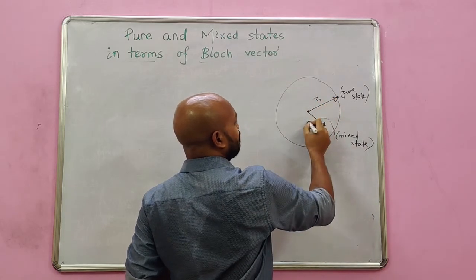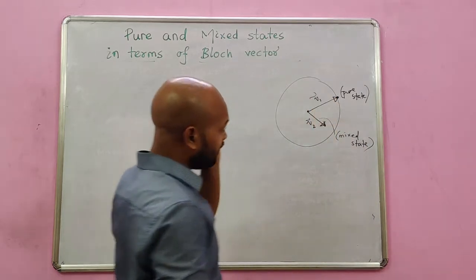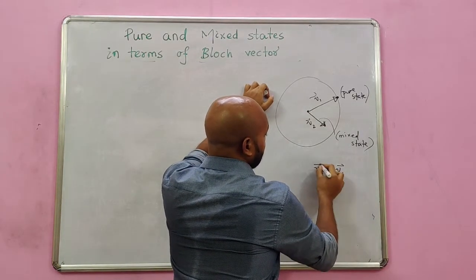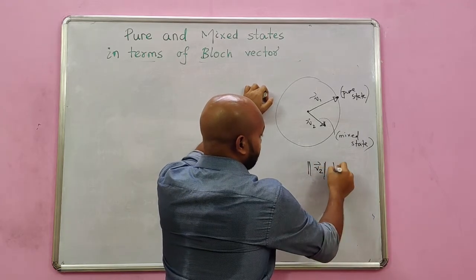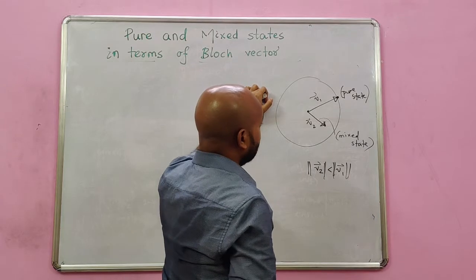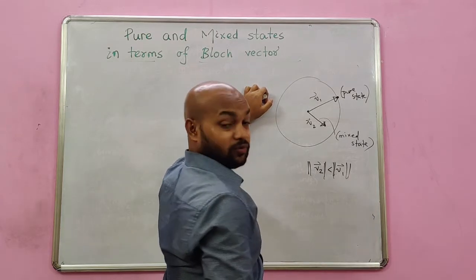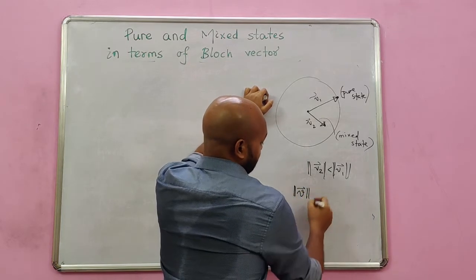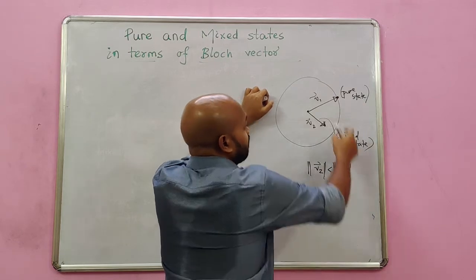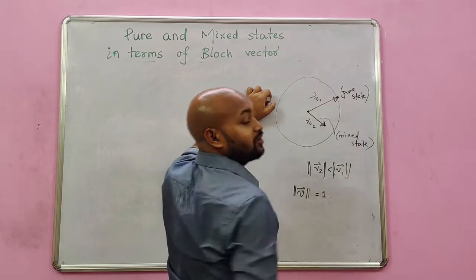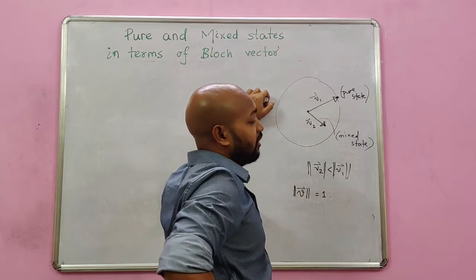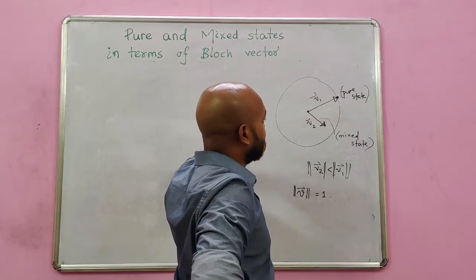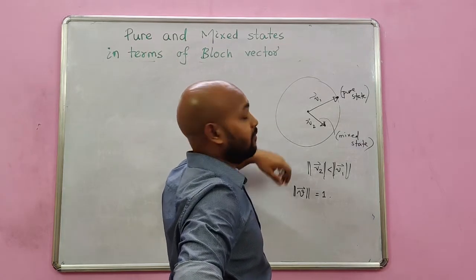Let's say V1 and V2. Certainly then we could see that V2 is lesser than V1, right? The magnitude of it. So what we can conclude is that if the modulus of V is 1, because you know in the Bloch sphere the radius is 1, because all the Bloch vectors have to be of unit length to give a unit probability.